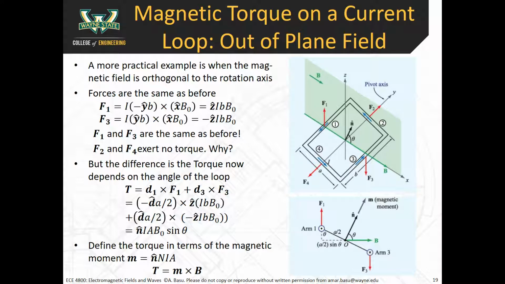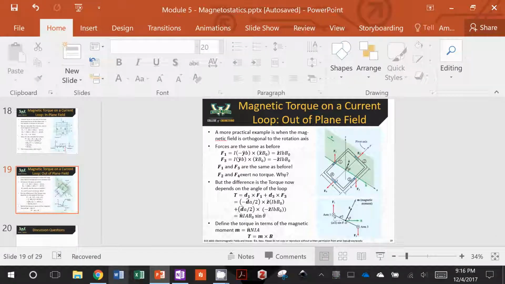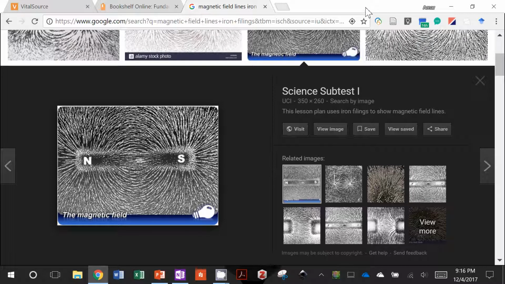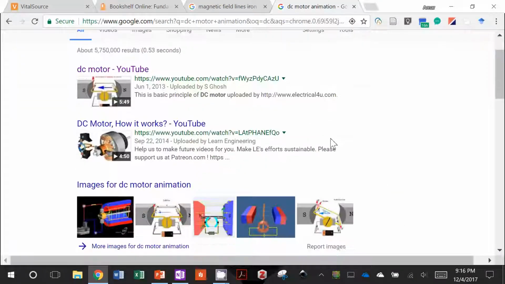So how do we keep that motor turning? Well, you reverse the direction. Have any of you worked with motors before? You seen motors before? Okay. I'll end with this, just so you can see a DC motor. Let's see if we can find a quick animation of it.